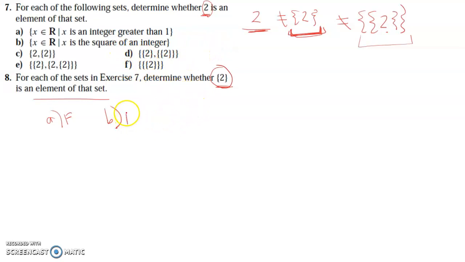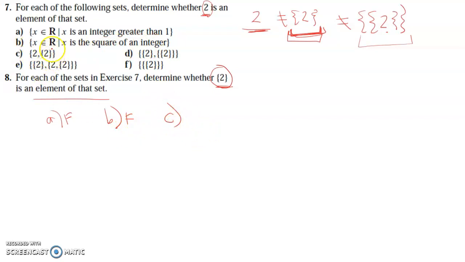B would also be false because if you're talking about a box that contains 2, can't really tell. It's not even an integer, so can't even tell if it will be a square of an integer or not. So this is false.